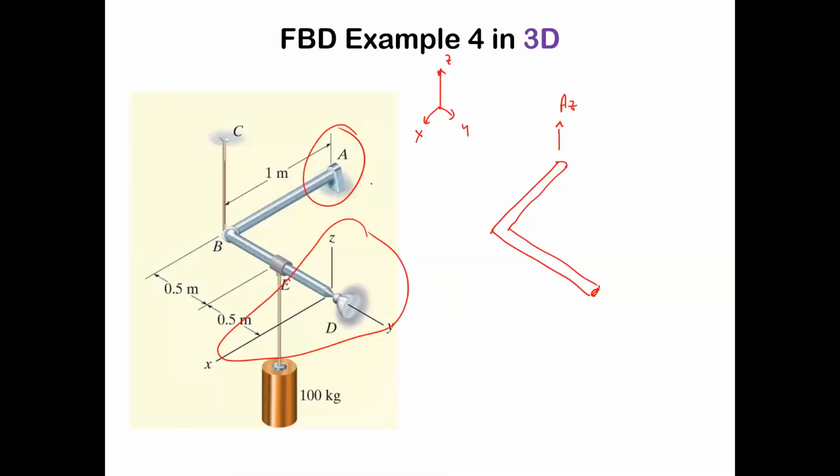So we're going to have an AZ there, and an AY. We're going to assume it is a properly aligned journal bearing, so it just needs an AX and an AY. You're also going to have 3 reactions here and 1 reaction there, giving you a total of 6 unknowns.